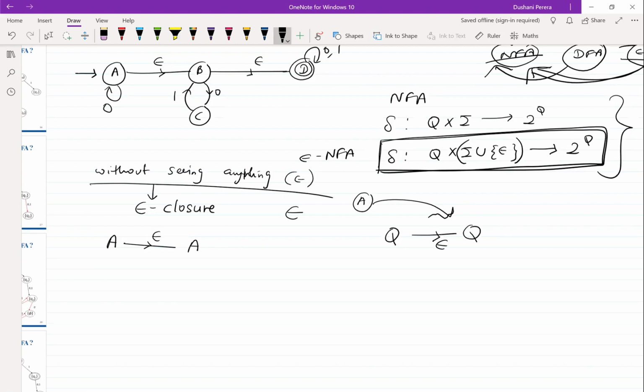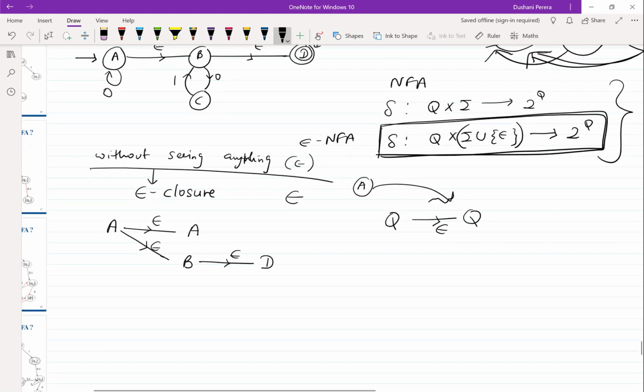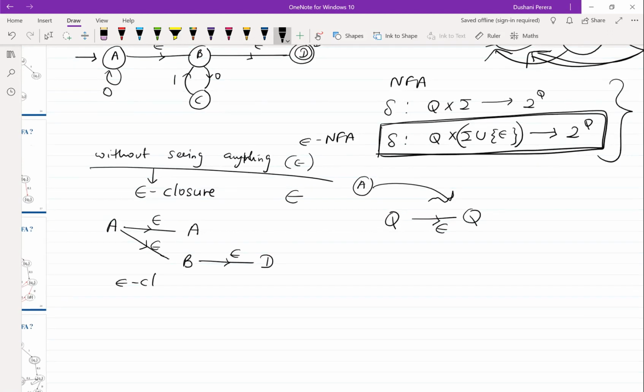Okay, after that, A will also go to B upon seeing the null transition. But we can't stop there because B naturally goes to D with the null transition. Because of that, we say epsilon closure.